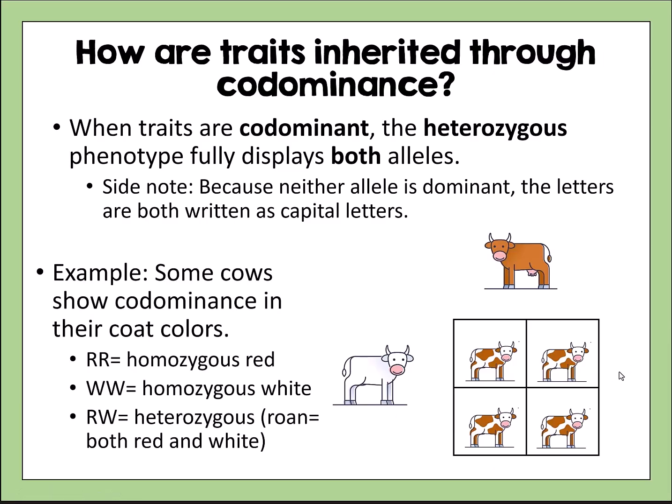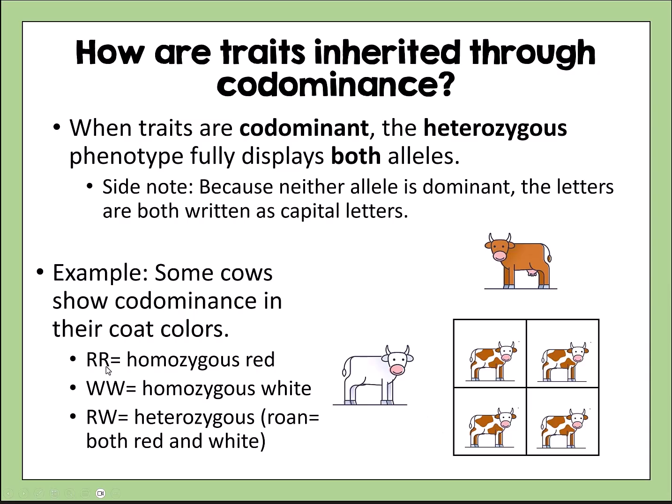So here's our example. Some cows show codominance in their coat colors. One homozygous genotype codes for red coats, or kind of this reddish brown color. One homozygous genotype codes for white coat color, and then the heterozygous is what we call roan, which shows both red and white in the coat.